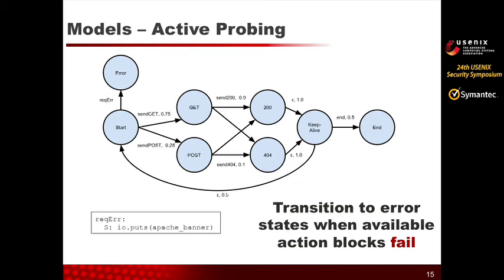Another interesting bit that comes out of using these input-output automata with action blocks is that we can use the outputs or outcomes of the action blocks themselves to determine whether we're getting valid messages. Built into each of these state transitions, we have a predefined set of expectations.